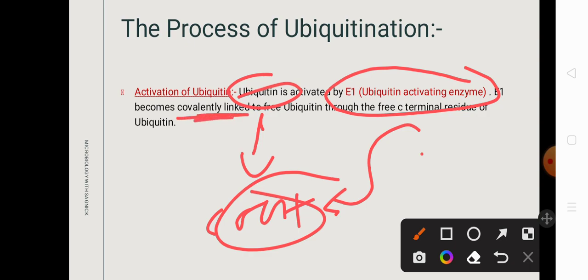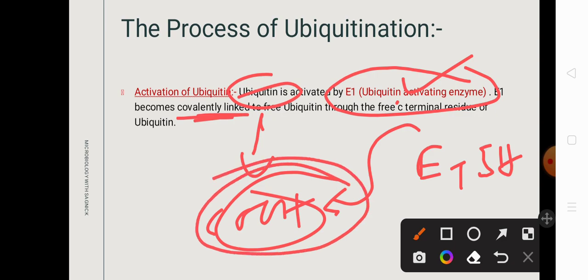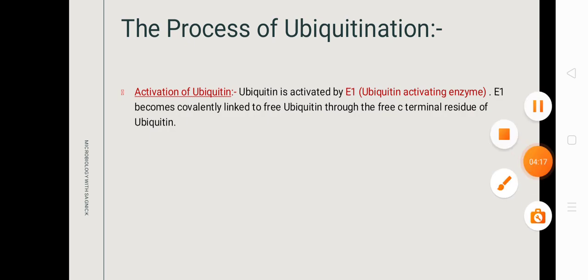E1, with its SH group, which may be due to the presence of a cysteine residue in that enzyme, will interact covalently with the free C-terminal residue of ubiquitin. So this is how activation of ubiquitin occurs.